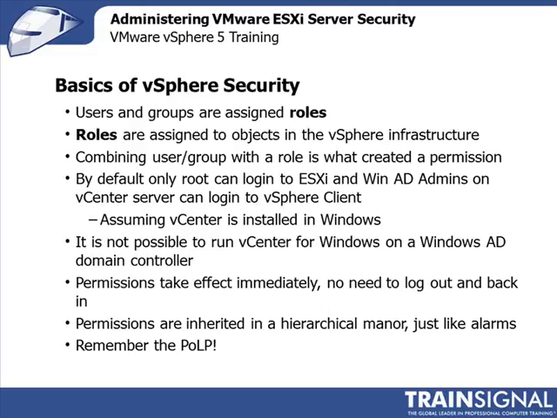So remember, back to my security days when I was studying for my CISSP, remember the principle of least privilege. That's what the POLP stands for there. In security, the principle of least privilege means that you shouldn't assign anyone access to something that they don't absolutely need access to. In other words, if all they need is to power on and off or reset a virtual machine, then you should just assign them those privileges at that particular level.